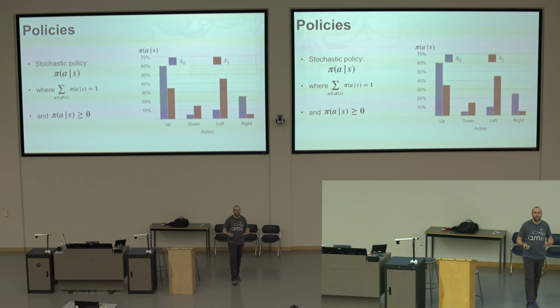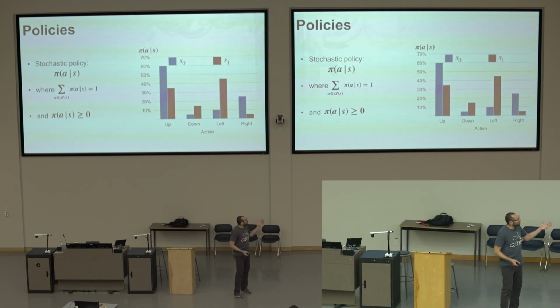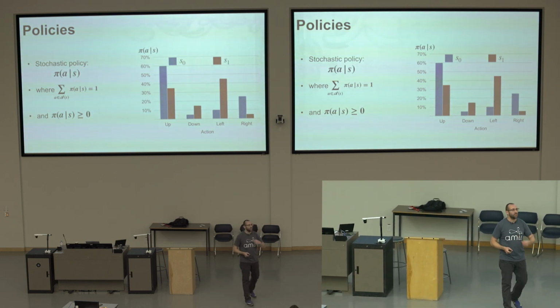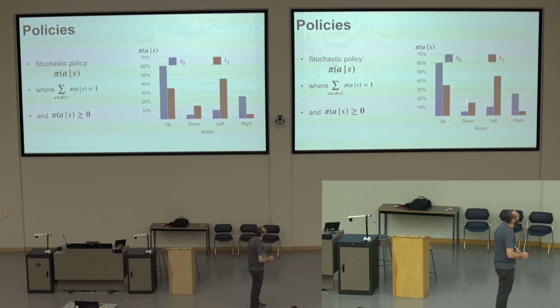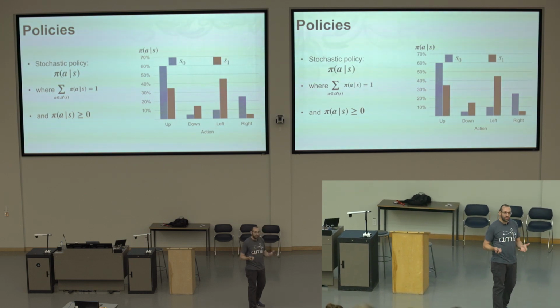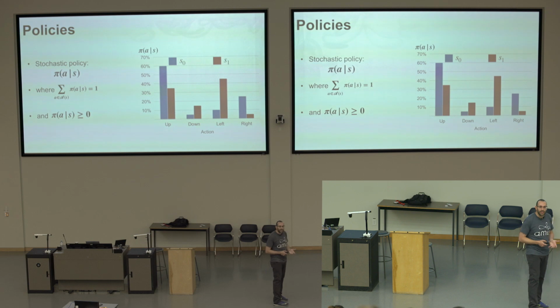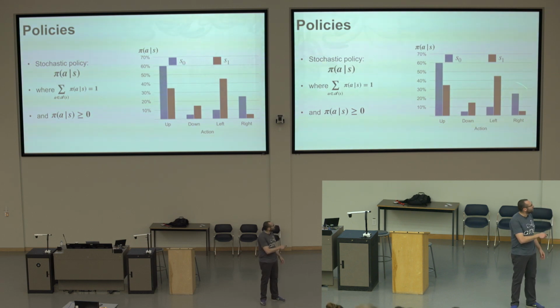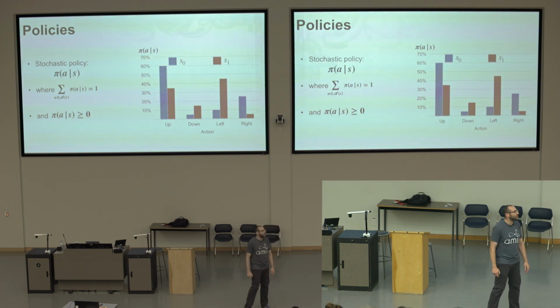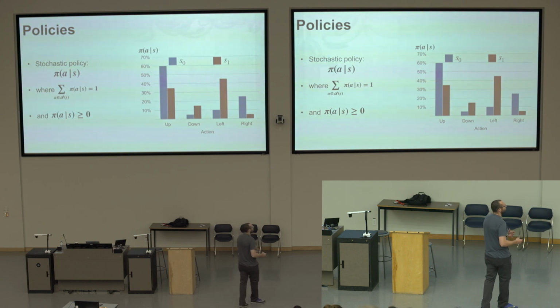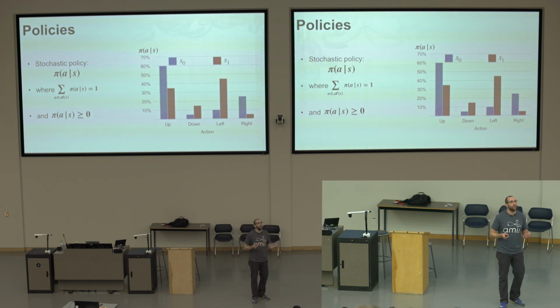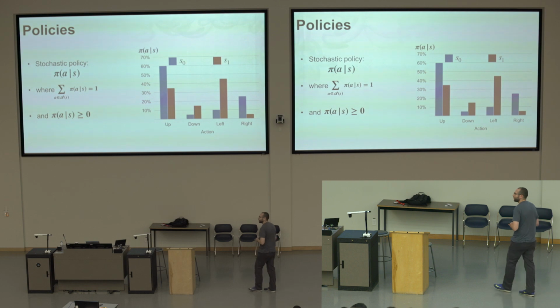The important thing is that when you're using a learning system with a stochastic policy, you sample actions from this probability distribution. If you sample the policy in S0, you're most likely going to get the up action, but you'll have a chance of getting all the different actions. The other point of this diagram is to show you that the distribution can be very different in two different states. Okay?